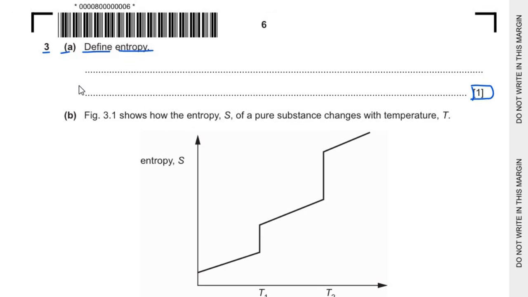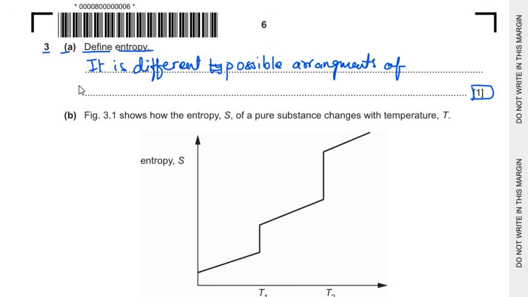But if we define it in a specific way, then we can write that it is the different types or different possible arrangements of molecules and its energy.